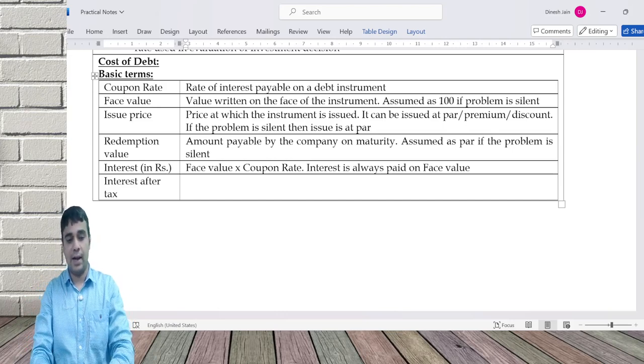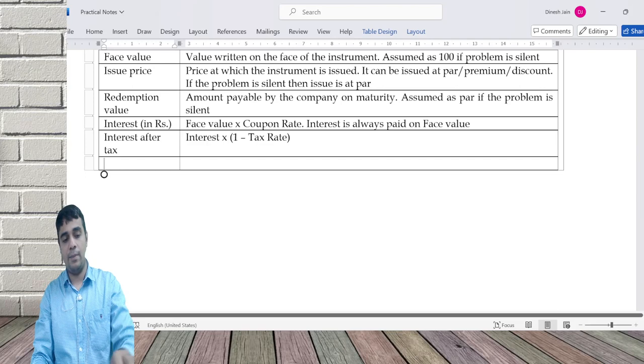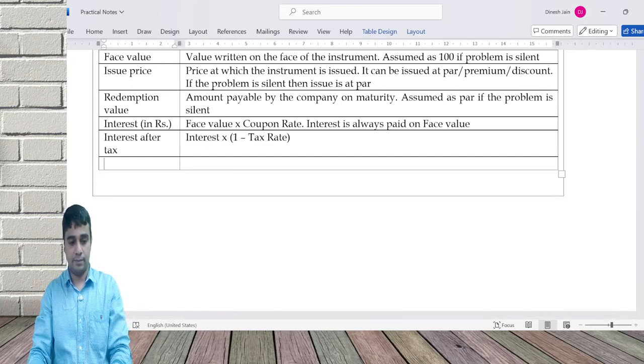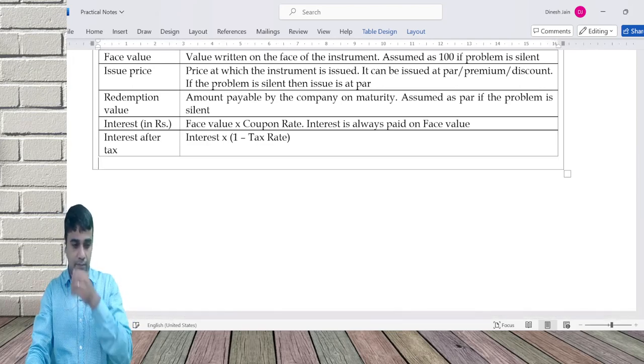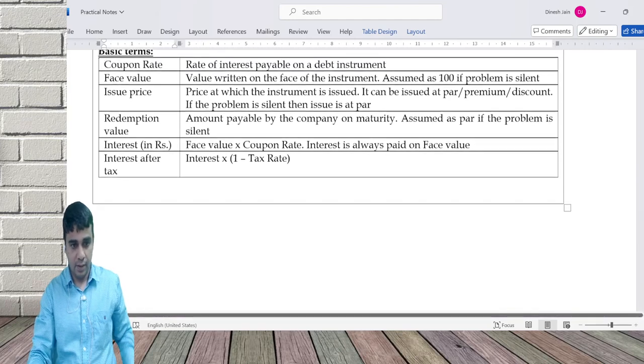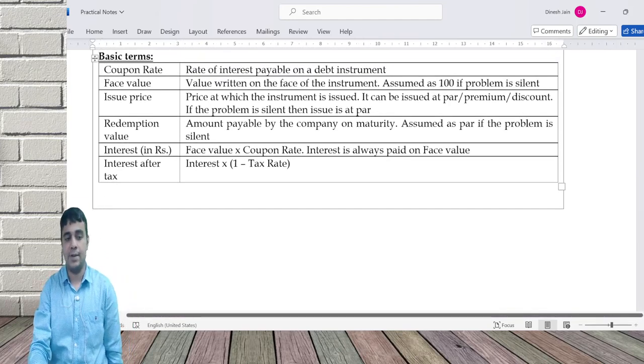So interest after tax is equal to interest into 1 minus tax rate.